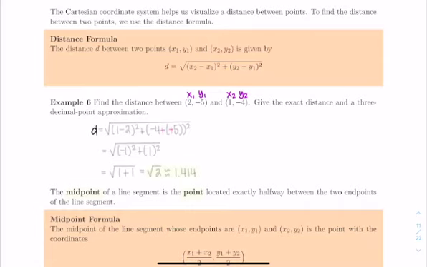So plugging into my formula, I have the square root of x2, which is 1, minus x1, which is 2, squared, plus y2, which is -4, minus y1, which is -5, squared.